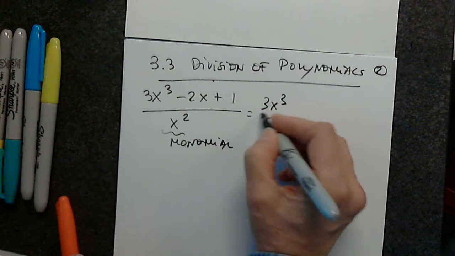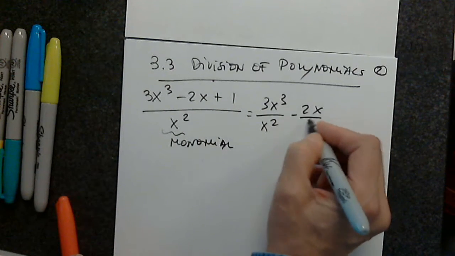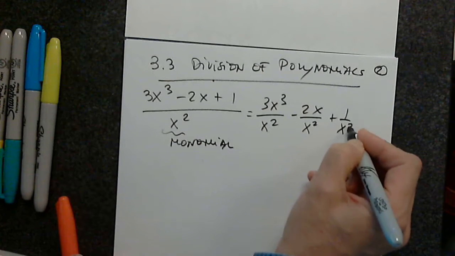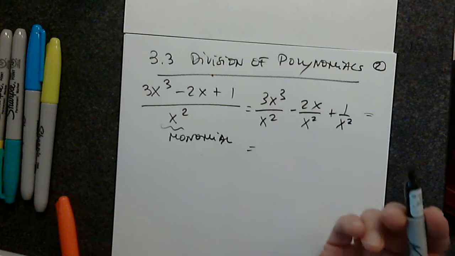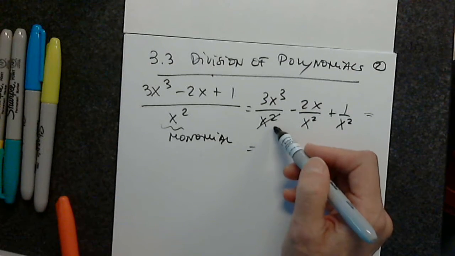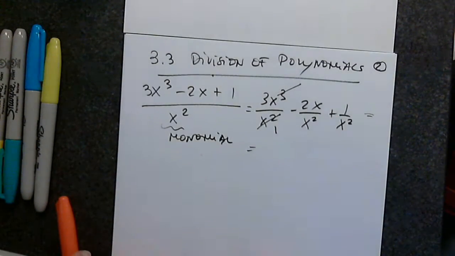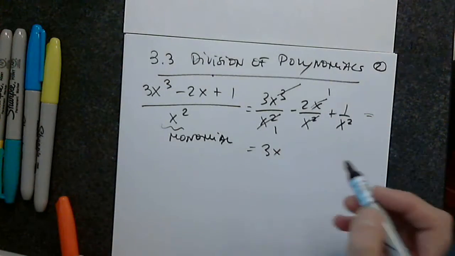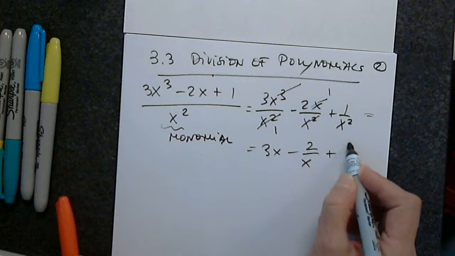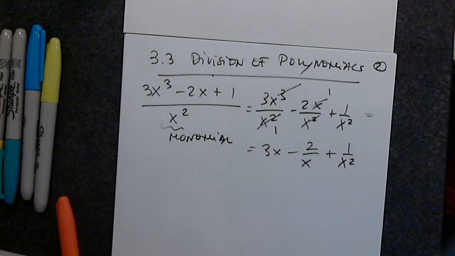So 3x cubed divided by x squared, minus 2x divided by x squared, plus 1 over x squared. All I can do next is just simplify a little bit each fraction. I remove 2 x's from the bottom with 2 x's from the top, so I get 3x. I remove an x from the top with an x from the bottom, and I get negative 2 over x. And then I just copy 1 over x squared. So if you would say this is not a real division, I would have to agree. That's the only thing we can do when the denominator is one term.